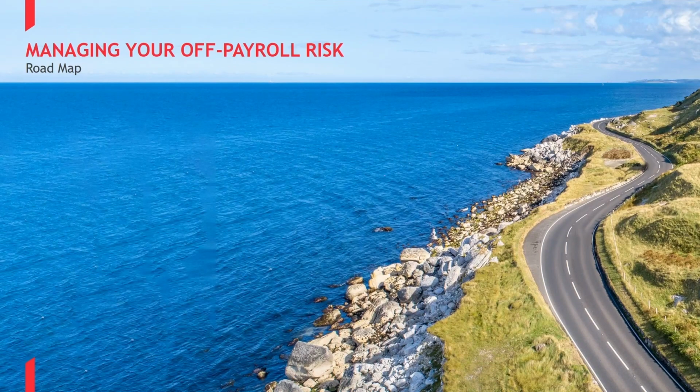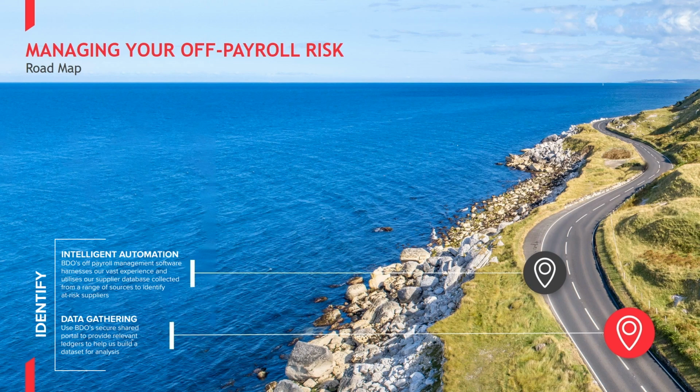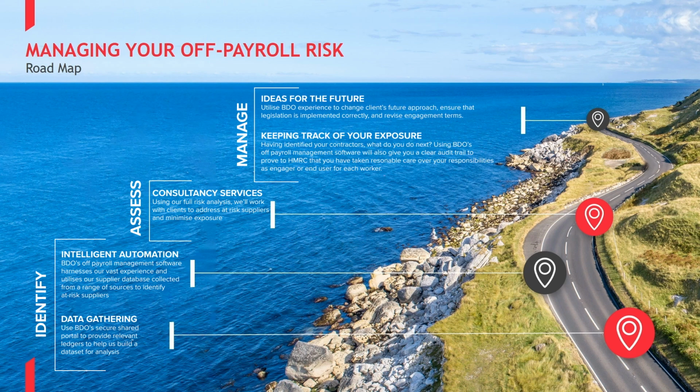We have developed a 3-stage strategy to identify, assess and manage your off-payroll risk. Our off-payroll risk management software identifies any supplier that may present an OPL risk. Once we have compiled a list of your at-risk suppliers, we can then assess the level of risk they pose, identifying whether PAYE and NIC should be deducted, and also manage the ongoing compliance of your off-payroll supplier population.